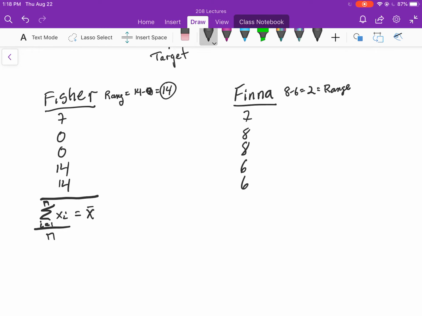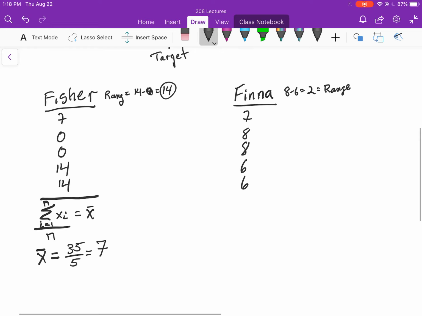And the mean then, x bar, is going to be equal to, and I quickly did this with my calculator to add these numbers up, 14 and 14 is 28. 28 plus 7 is 35. 35 divided by 5, which is the number of observations, is equal to 7. And that's the mean.